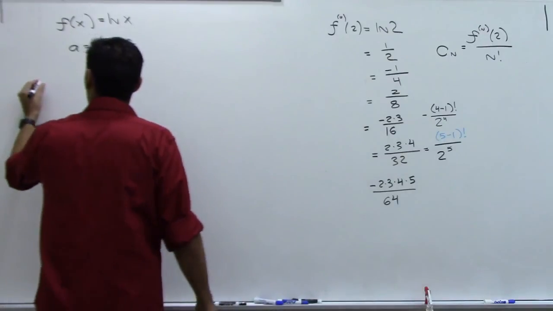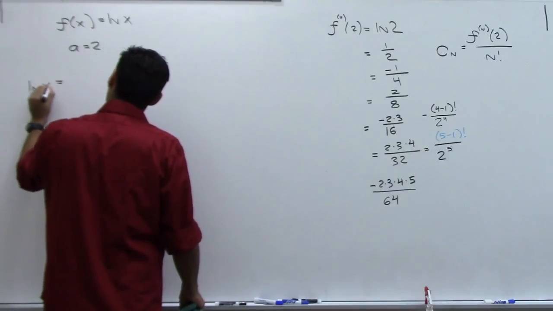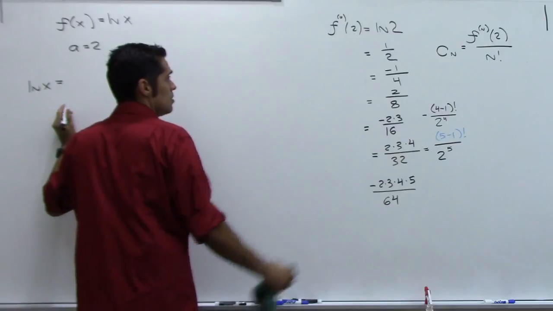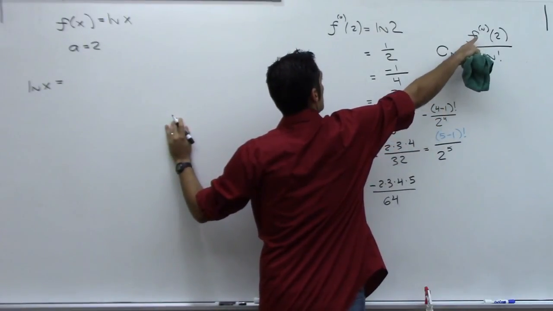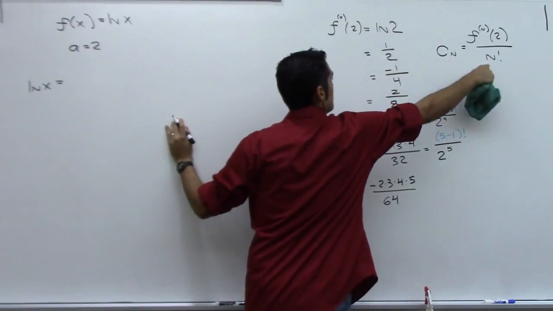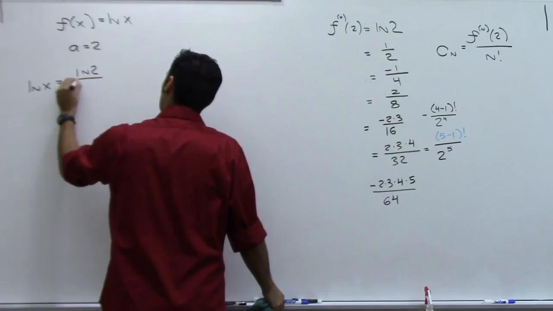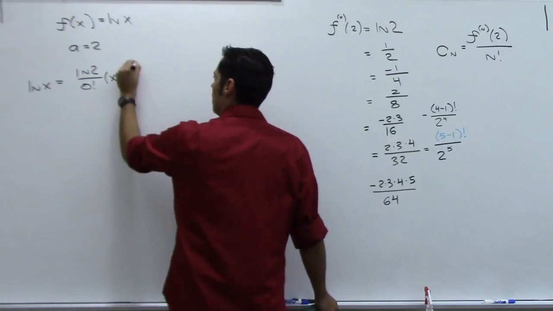So when I write this out, I have that this function, natural log of x, is equal to c sub 0, which is going to be this right here with 0 in there, which is that number over 0 factorial. So natural log 2 over 0 factorial, x minus 2, that's x minus a, to the 0.